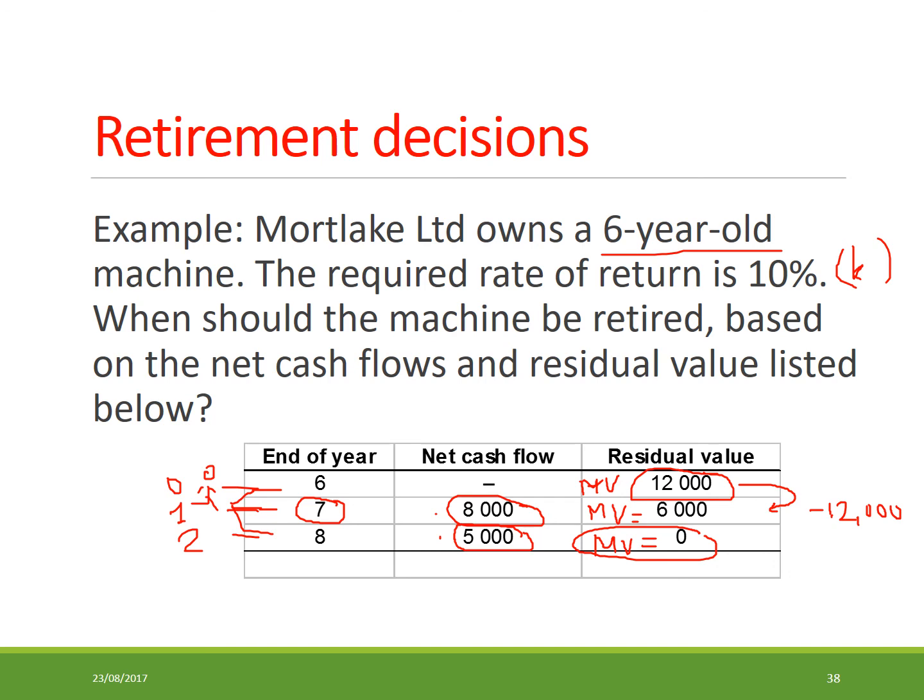Similarly, if we run the project for 2 more years, we are foregoing the sale price that we should have got in year 6. So the sale price that we should have got in year 6 can be thought of as the cost of running the project for either 1 or 2 more years.